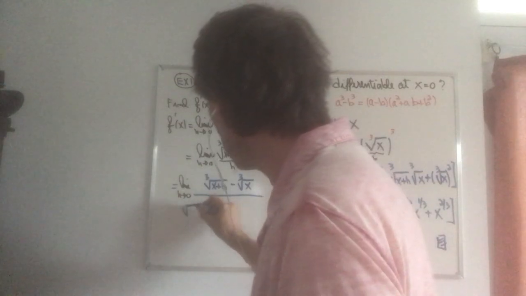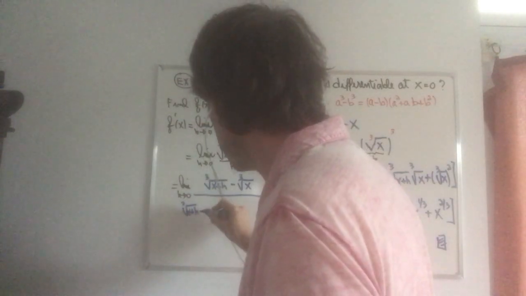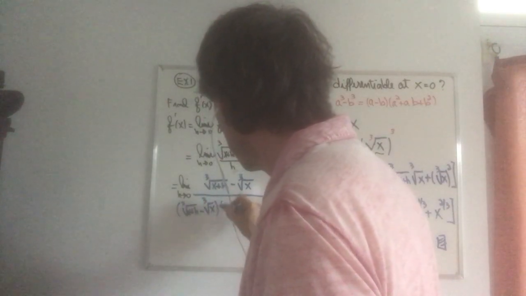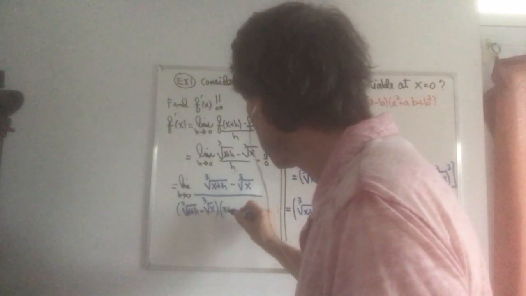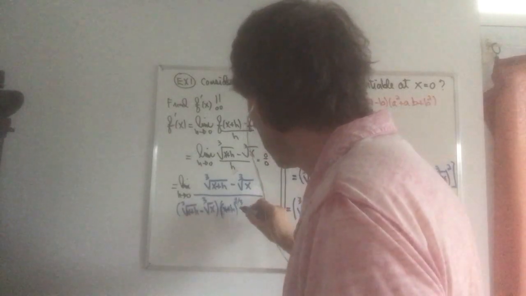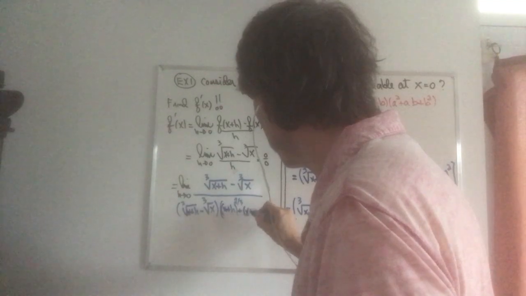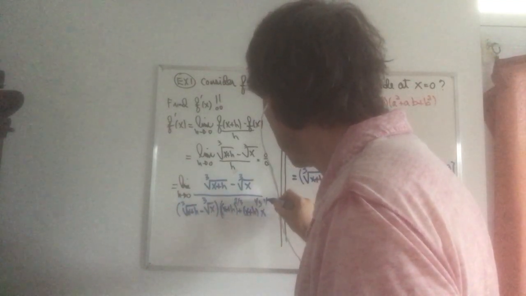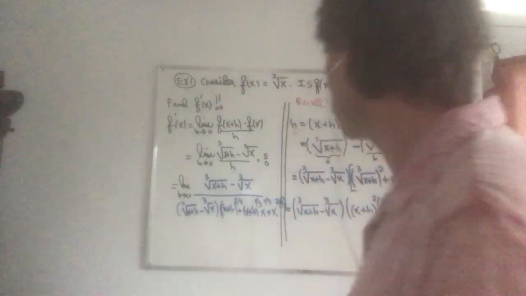So I'm going to have to write small because I need to squeeze that in. This times the second part of the bracket, x plus h to the 2/3 plus x plus h to the 1/3 x to the 1/3 plus x to the 2/3.